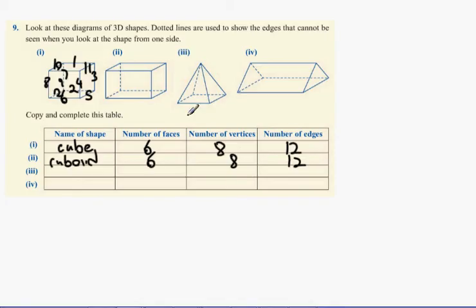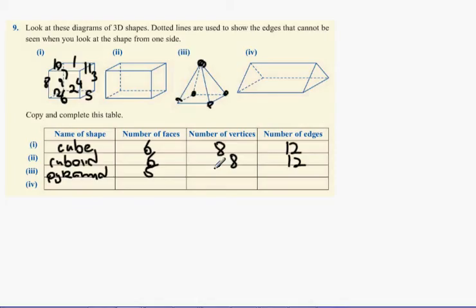Next one is a pyramid, okay? The pyramid has number of faces 1, 2, 3, 4, 5. 5 faces. Number of vertices, number of corners: 1 corner at the top and 4 at the bottom.